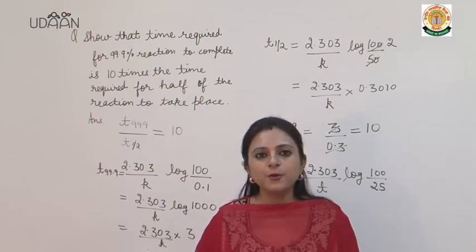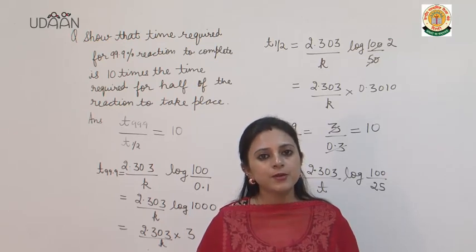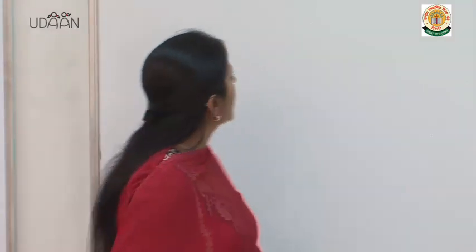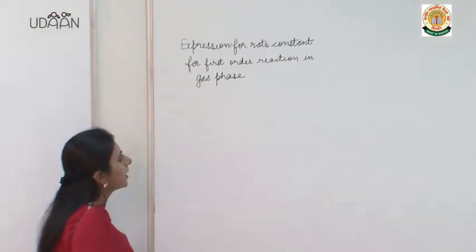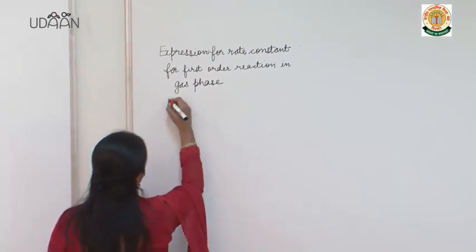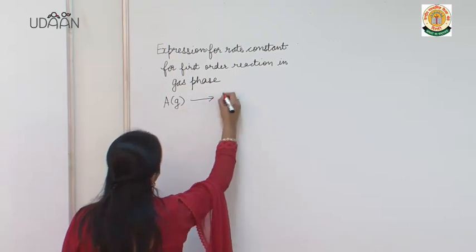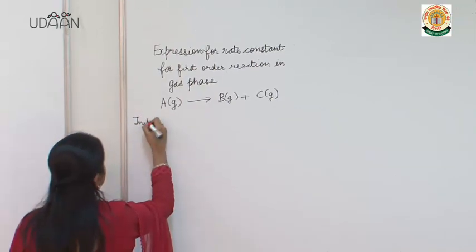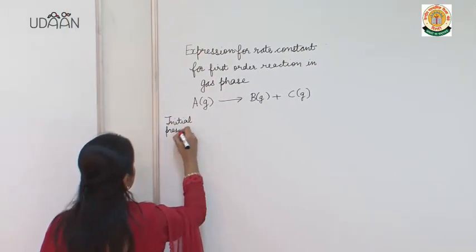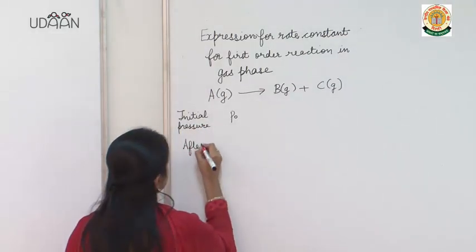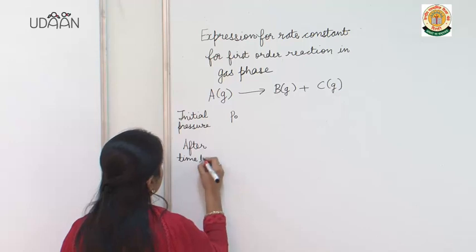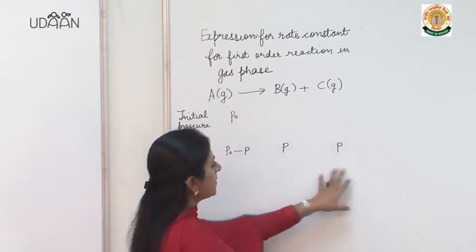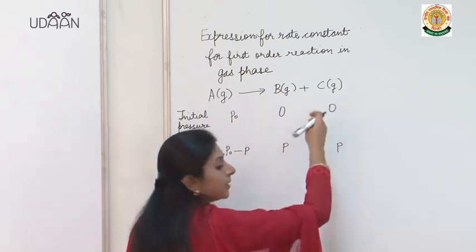Now I will explain to you कि अगर हमें प्रेशर के टर्म्स में क्वेश्चन को सॉल्व करना है तो how do we go about it. Now expression for rate constant for a first order reaction in gas phase. Suppose मेरे जो रिएक्टेंट्स हैं और प्रोडक्ट्स हैं वो गैस फेज में हैं and this is the equation which is given. तो let us say that the initial pressure is P0. So after time t, what would be the pressure? It would be P0 minus P, and here it would be P and P, और यहाँ पे initial pressure 0 होगा क्योंकि अभी reaction हुआ ही नहीं है.